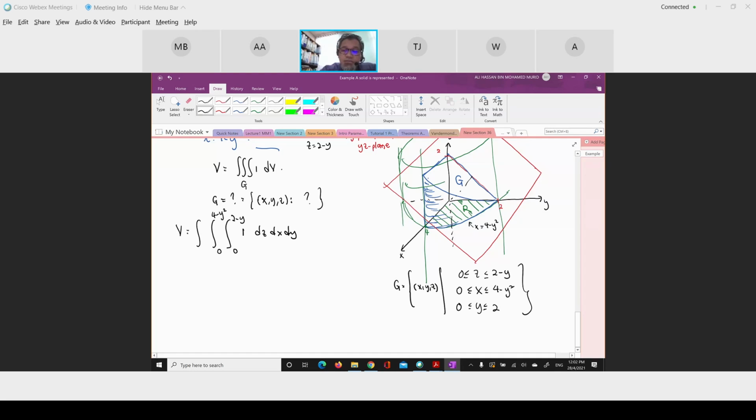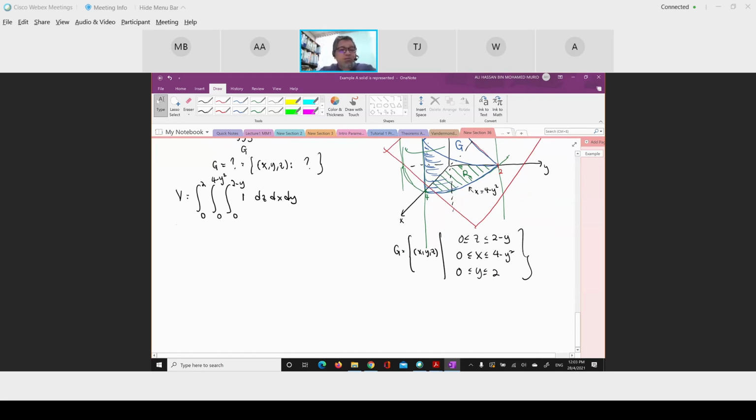The variable bounded by numbers should be the outermost integral. Okay, so this is the correct setup for calculating the volume of this object G.